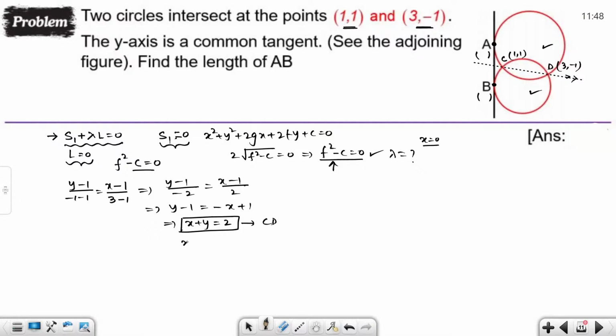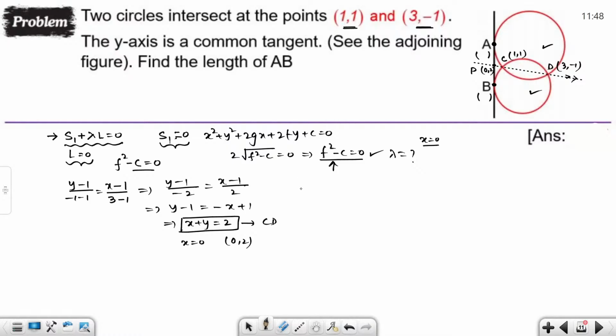Now, if I put x equals to 0, we can easily see that this line is intersecting the y-axis at (0, 2). Therefore, if this point is P, we can write the coordinate of P as (0, 2). Is it clear?